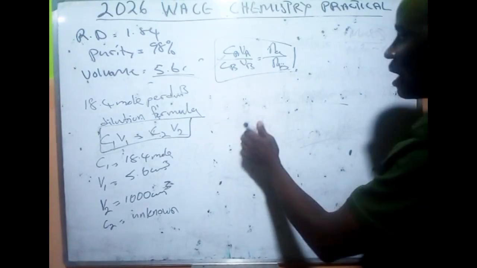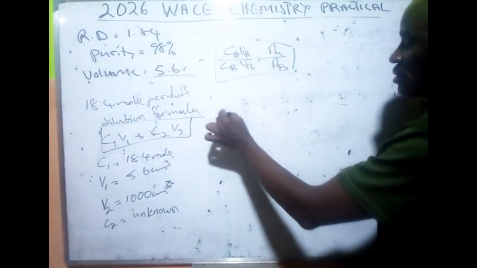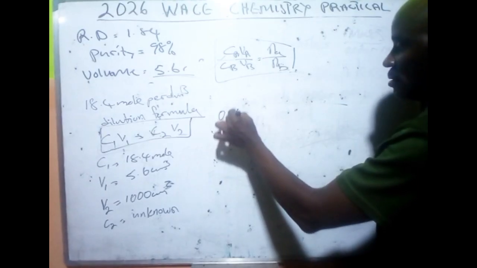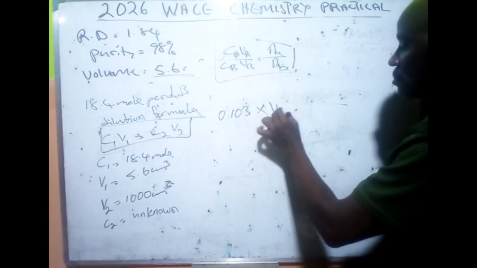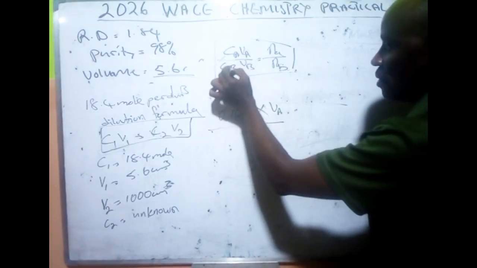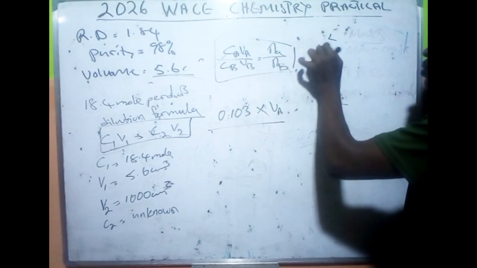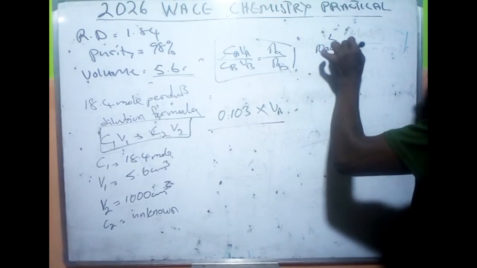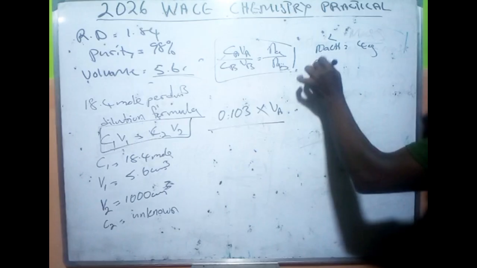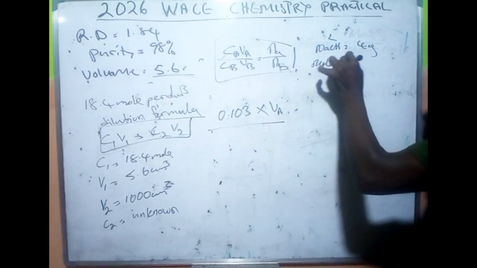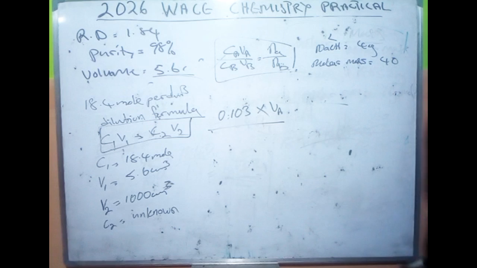So using this formula, our Ca is 0.103. Our volume is unknown, and then remember the grams of sodium hydroxide is 4 grams. Now, molar mass of sodium hydroxide is 40.